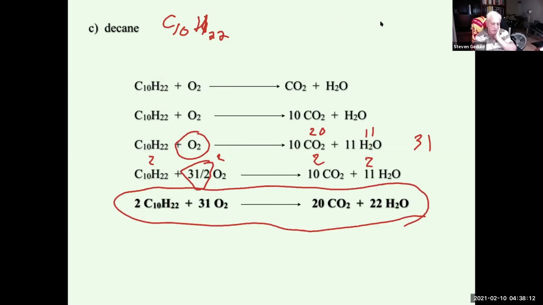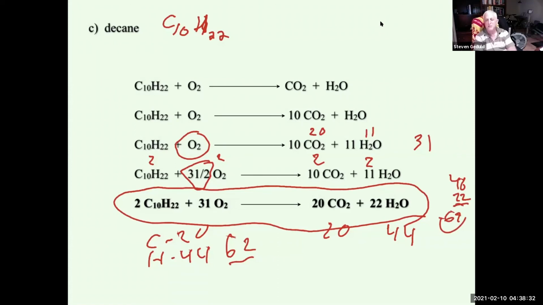If you want to check, carbons are 20 and 20, hydrogen is 44 and 44, and oxygen is 62 on the left, and 40 plus 22, which is 62, on the right. Everything balances. That's a complete balanced equation.